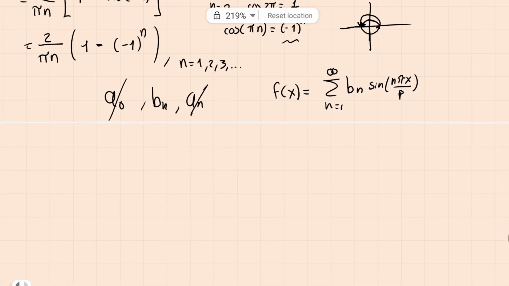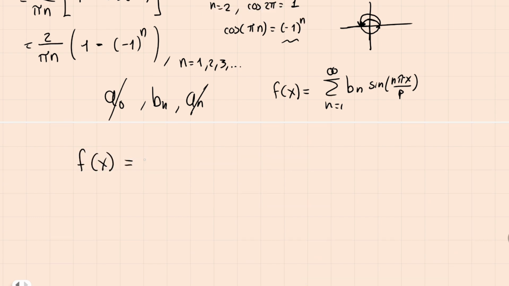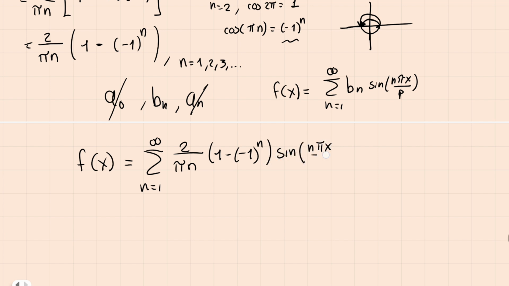So that means that our function can be written as the sum from n equals 1 to infinity of 2 over pi n times 1 minus (-1)^n, sine of n pi x over pi, and these can be cancelled, so we get that this is sine of nx.